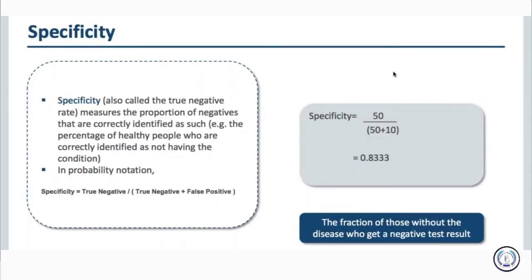Similarly, specificity gives information about the true negatives, right? Which is nothing but true negative divided by the combination of true negative and false positive, and you get some value of that. It will give you the fraction of those without the disease who get a negative result. So basically, while doing all this, we get some additional information. If you go with the other accuracy measures, where we just calculate the error and see how many are predicted correctly and how many are predicted wrong, then with a confusion matrix you get an additional benefit of seeing the behavior of your model.